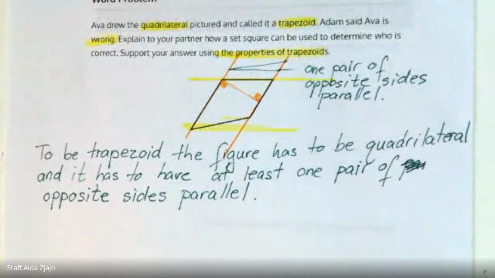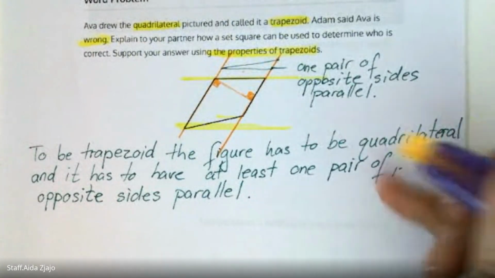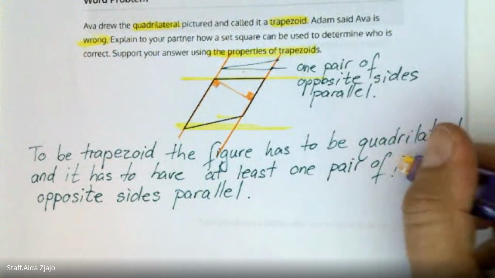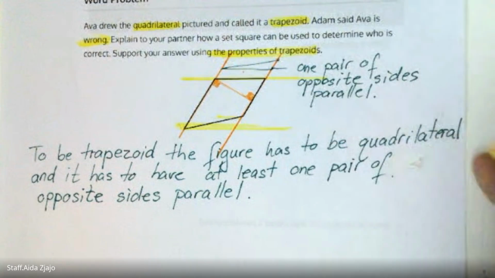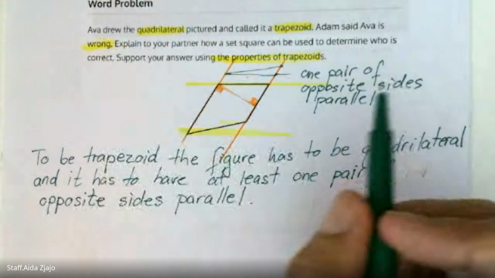I hope so. Okay, and this was lesson 17, and it was a word problem. So Ava is right.